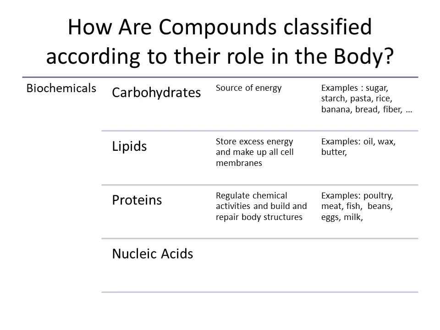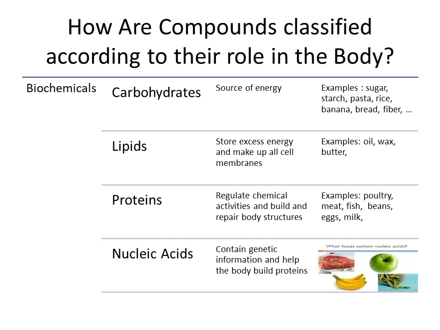Nucleic acids, and these are very important because they build up your DNA and RNA. They contain the genetic information and help the body build proteins. Without them, you cannot have the proteins that regulate the chemical activities in your body and build and repair body structures. If we don't have the nucleic acids, it means that you cannot build your body. Where do we find them?